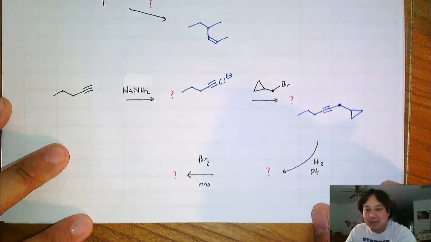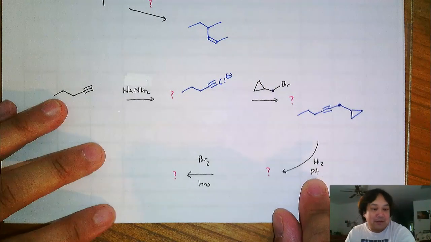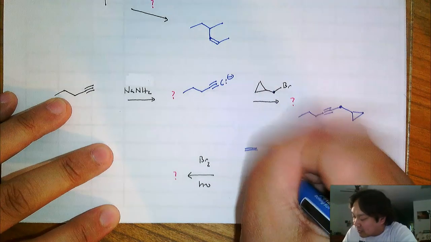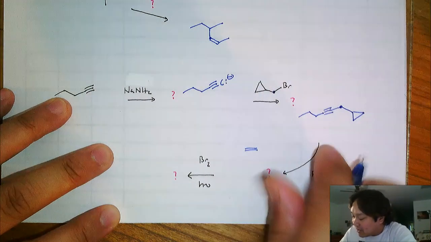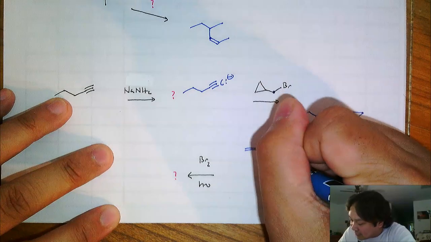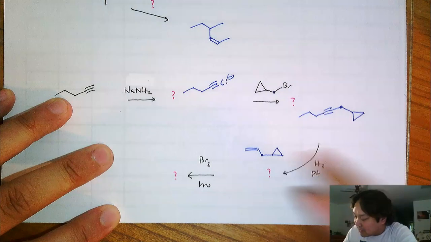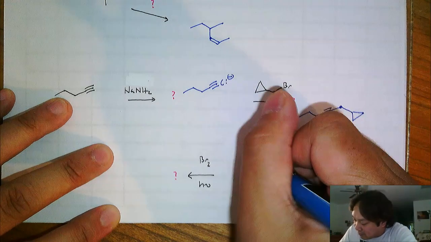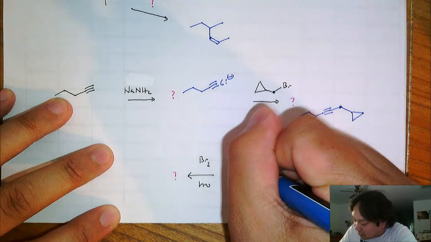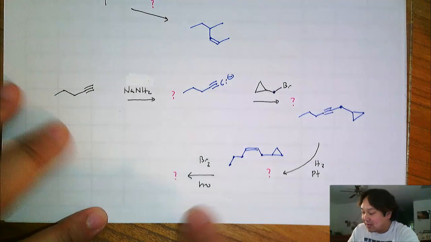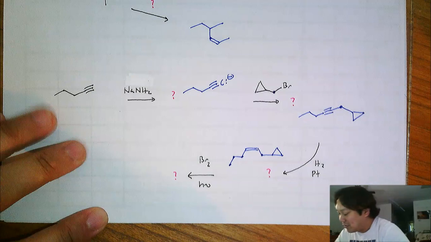Okay. Lindlar's Catalyst. It's a little cramped. Draw the double bond first. What's on the right is a dot and a triangle. What's on the left is 1, 2, 3. 1, 2, 3. Cis.